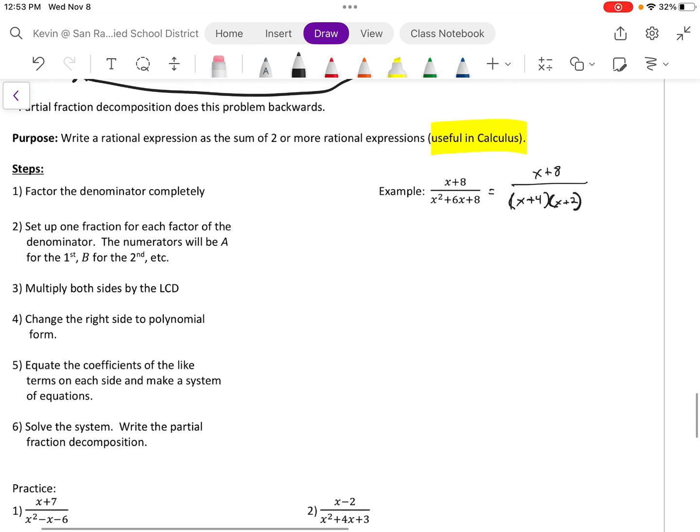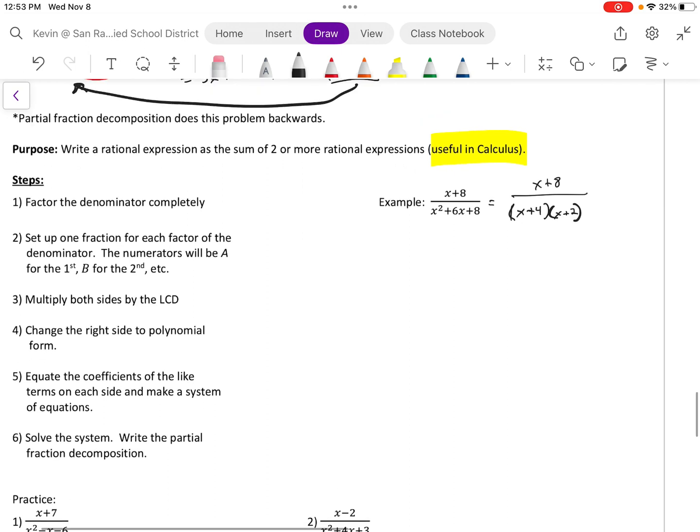Now we're going to set up a fraction for each one of our factors, and we're going to have A and B be the numerators, however many we have. In this case, it's just going to be 2. So we have A over x plus 4, plus B over x plus 2, and that's going to equal x plus 8 over x plus 4 times x plus 2.